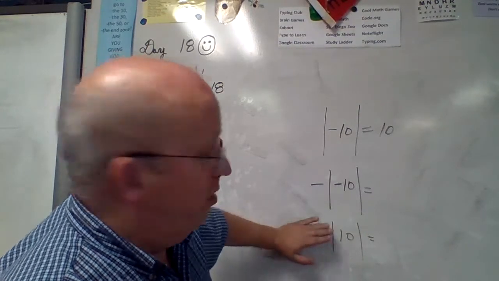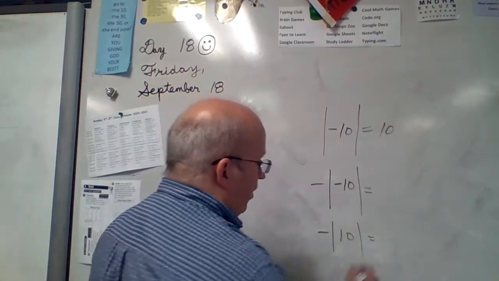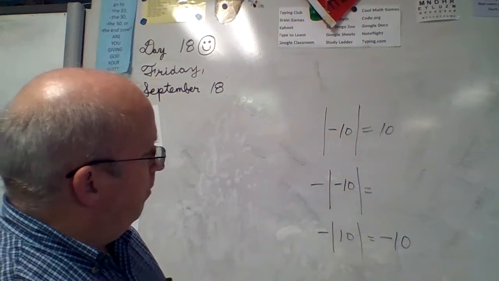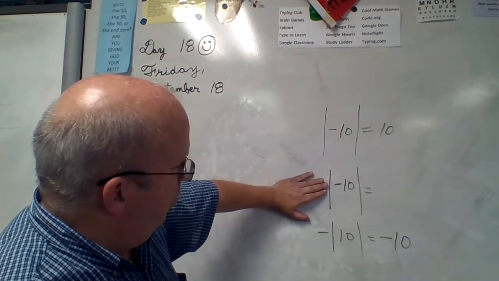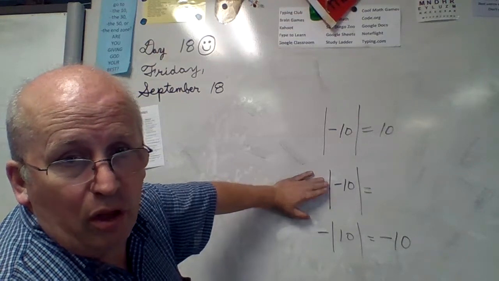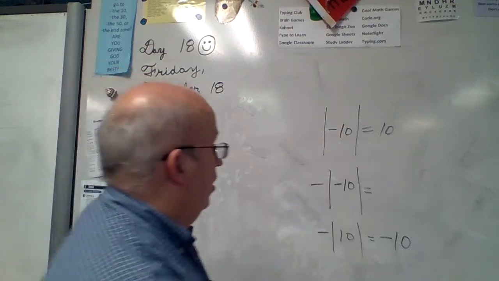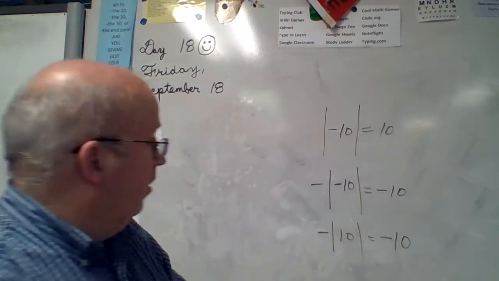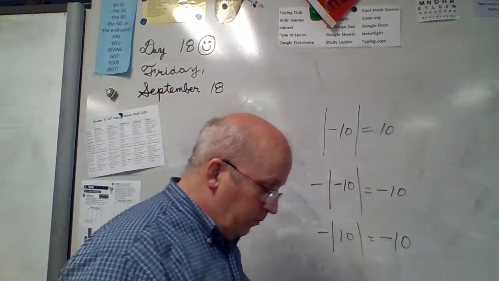Now ask the question, what is the opposite of 10? The opposite of 10 is negative 10. So in this case, the answer is negative 10. But what about here? Figure out what this equals. That's 10. And then ask, what's the opposite of what you just figured out? The opposite is still negative 10. So notice the difference in how you solve these.